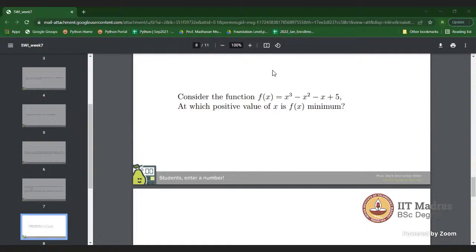So you did this f dash of x and then you solved that quadratic equation, right? Yes, sir. By solving the quadratic equation, you'll be getting 2 values.